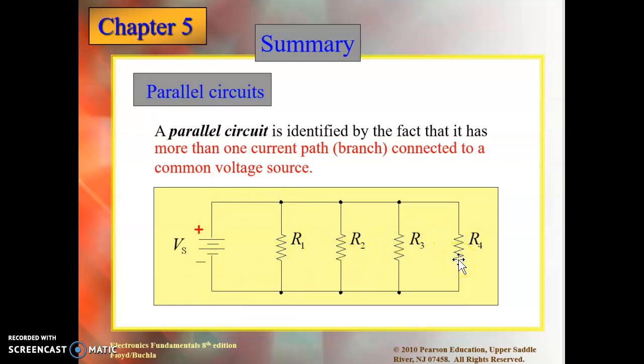But what is important here is to know that the voltage across all the resistors is the same. Why? Because this node is connected directly across the voltage source. You see, here connected to the positive, here connected to the negative. The same for R2, connected to the positive, connected to the negative.